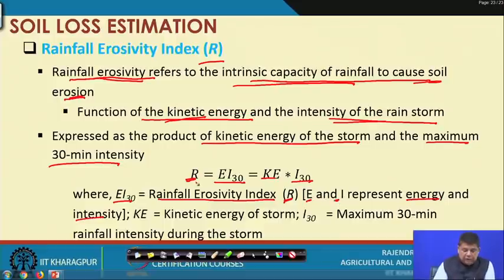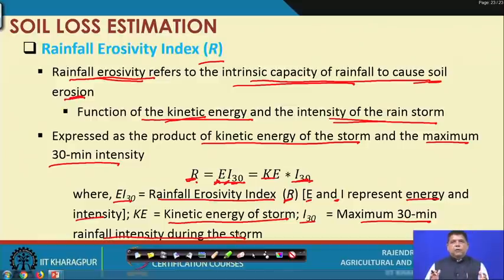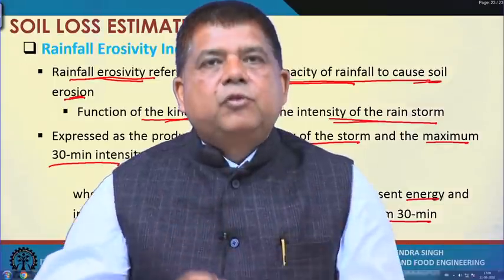So, rainfall erosivity index R is also referred to as EI30, where E is energy, I is intensity, and 30 minutes refers to the 30-minute duration where the intensity is maximum. It is also expressed as KE times I30, where KE is the kinetic energy of the storm and I30 is the maximum 30-minute rainfall intensity during the storm.